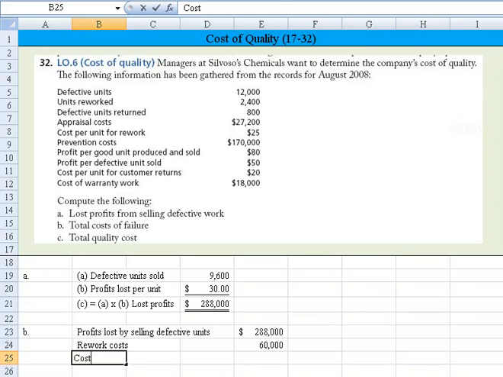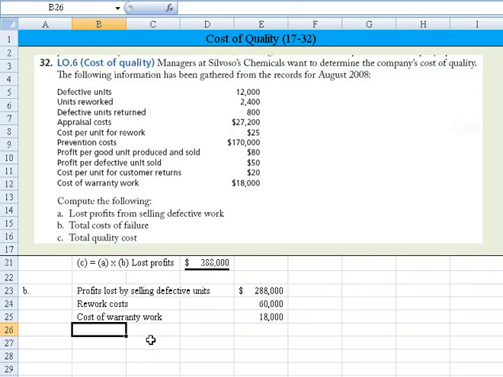Then there's also cost of warranty work that we need to add in. And the cost of warranty work they give us is $18,000. Besides the cost of warranty work, there's the cost of customer returns. And what we know there is 800 units were returned, and the cost per unit for customer returns is $20.